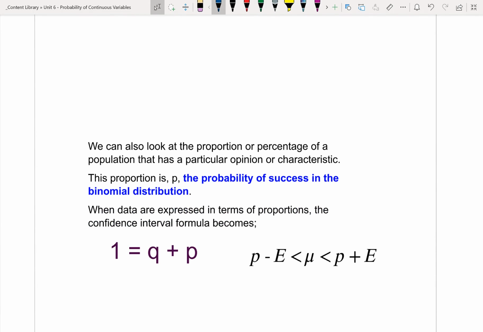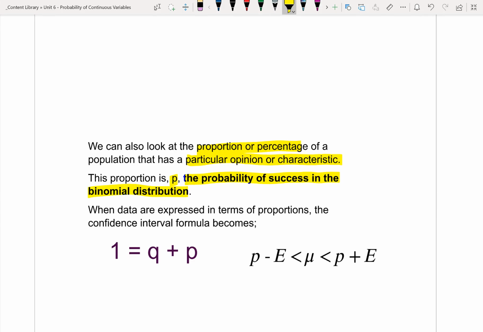So looking at the other formula that we had, we can also look at the proportion or percentage of population that has a particular opinion or characteristic. And this proportion is considered P, or the probability of success in the binomial distribution.